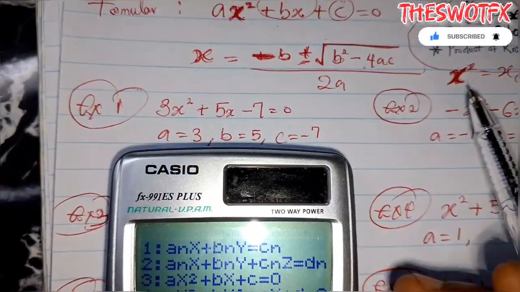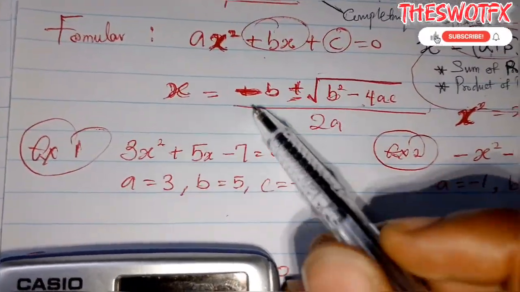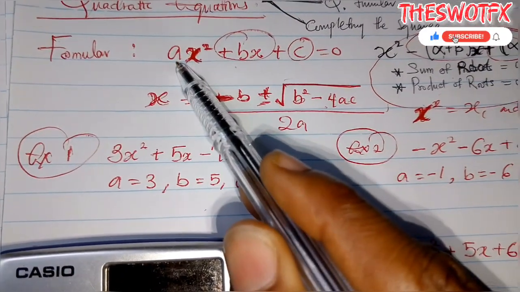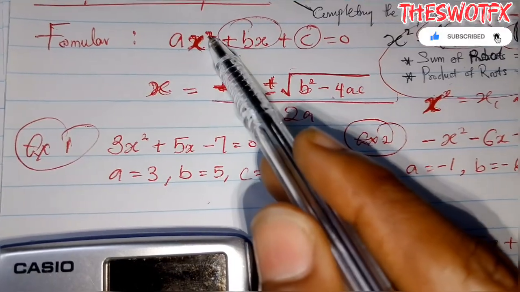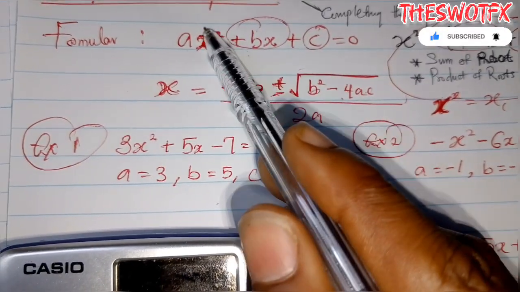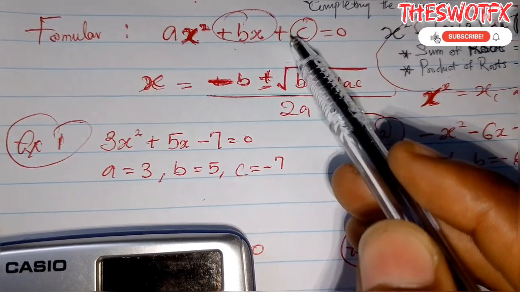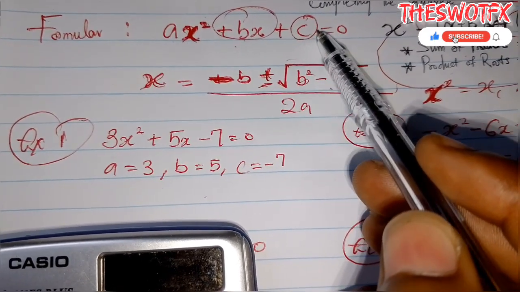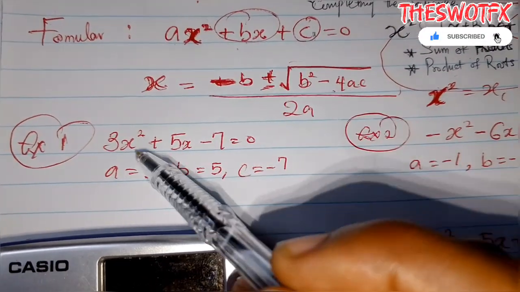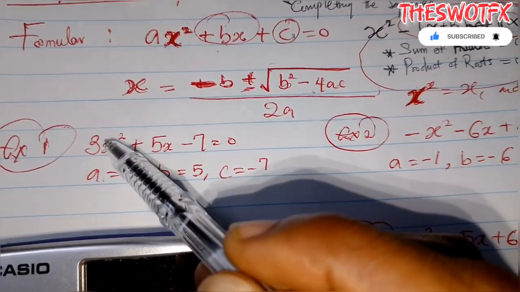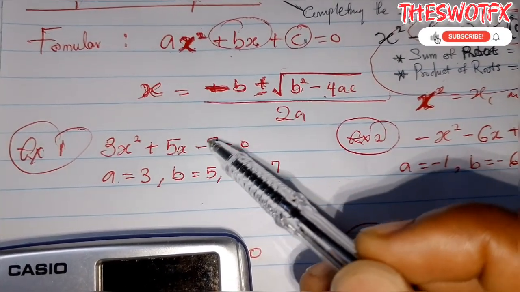In ax squared plus bx plus c, a is the coefficient of the first x squared term, b is the coefficient of the second x, and c is the constant. Here, a is 3, b is plus 5, and c is minus 7.